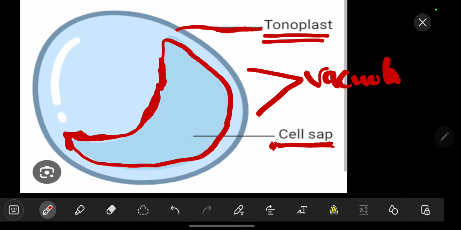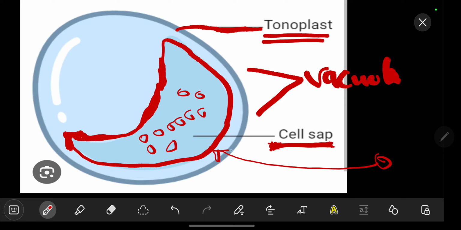The vacuole cell sap, which is a mixture of salts, will either make the cell hypertonic, isotonic, or hypotonic. That means if in the cell sap there are a lot of salts, the plant will be able to gain more water because water is attracted to those salts. Therefore, one of the functions of the vacuole is to maintain the turgidity of the cell. That's our number one function.